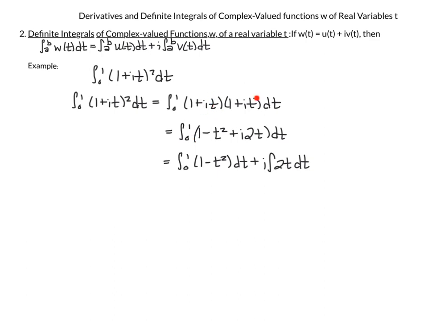My it times it gives me negative t squared, and then 1 times it and it times 1 gives me i 2t. And now I can break it apart into 1 minus t squared, this is my real portion, and then my v is my 2t, which gets multiplied by i. And from there, it's regular integration and algebra, and my solution is 2/3 plus i. That's an i, not a 1.